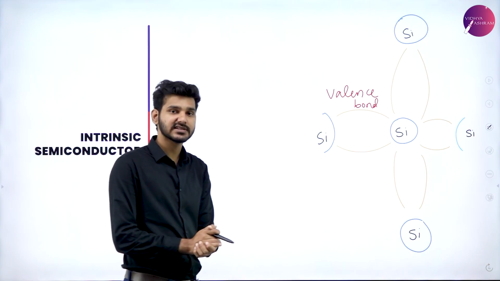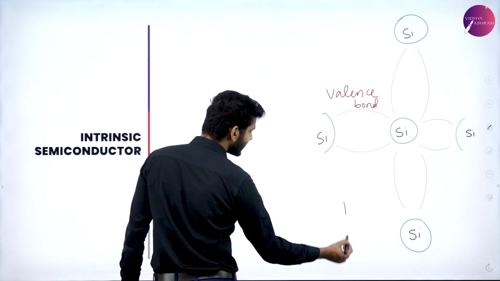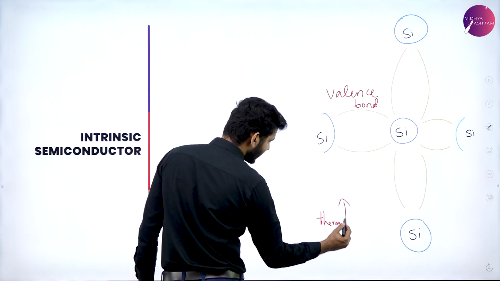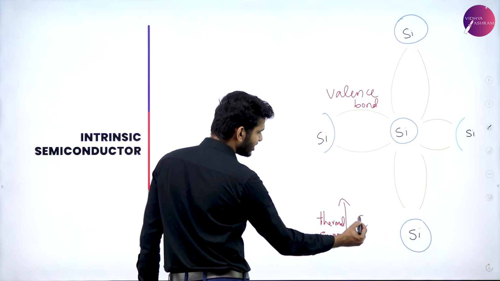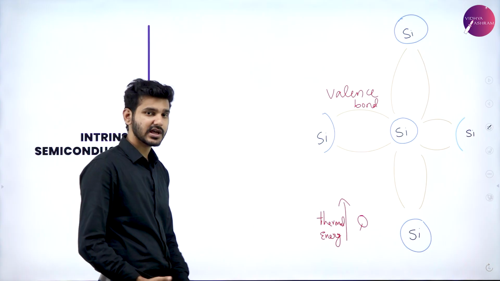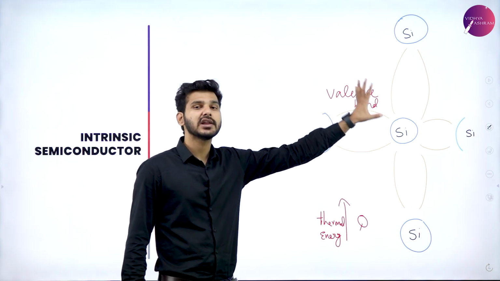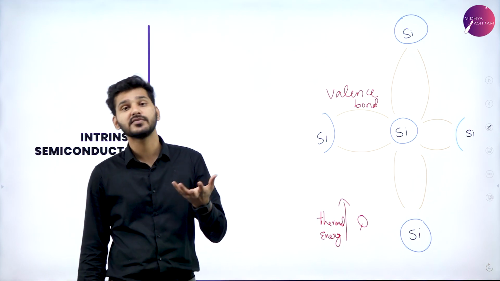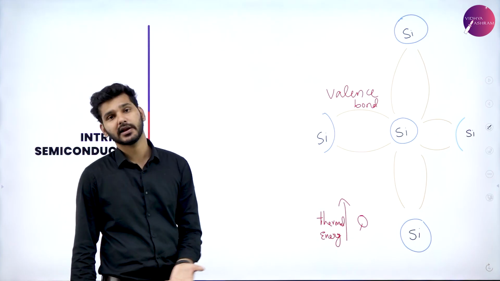What happens is that when there is enough thermal energy, or simply Q, in thermodynamics we say that Q is heat, just know that if there is enough thermal energy given to this particular system, the electrons will absorb that thermal energy and leave that particular atom.